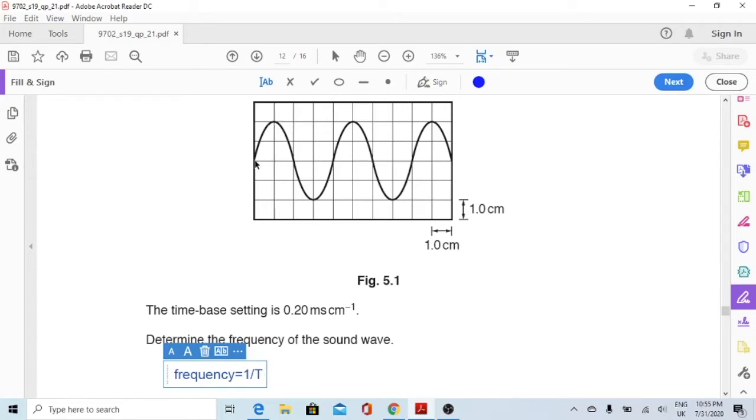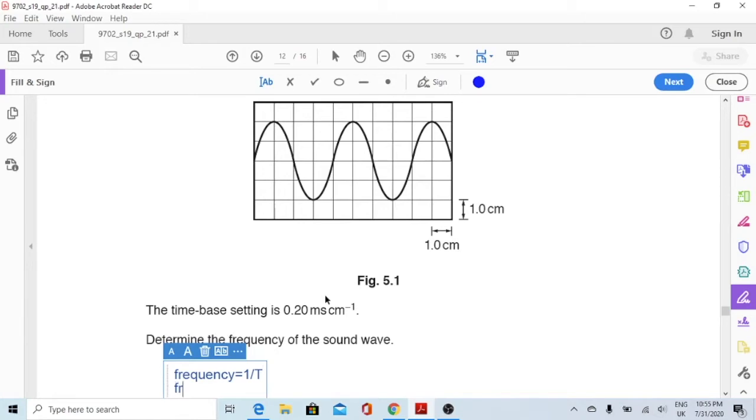So I'll take that from here. This is one complete oscillation. This one box represents 0.2 millisecond. This also represents 0.2, this also represents 0.2, and this also represents 0.2. This becomes a total of 0.8 milliseconds. So 0.8 milliseconds were taken to complete one oscillation.